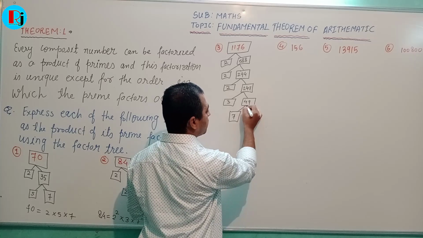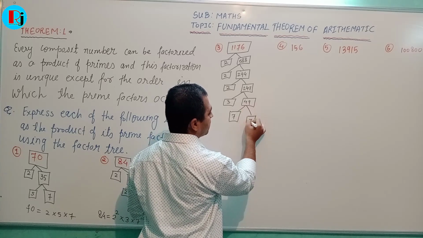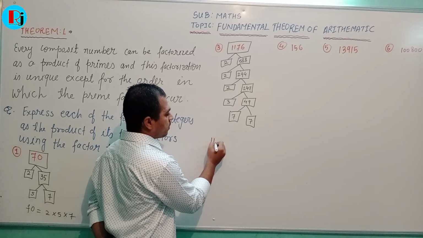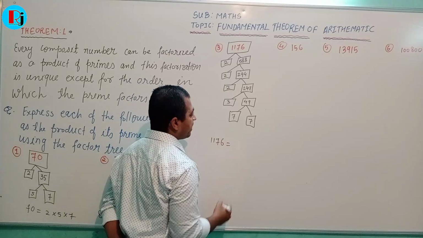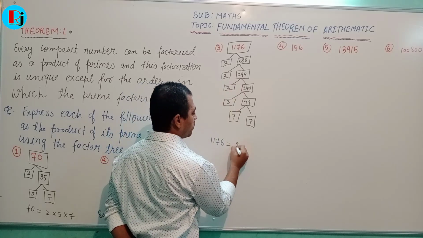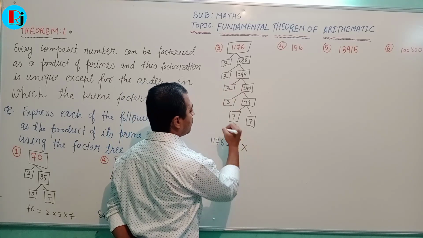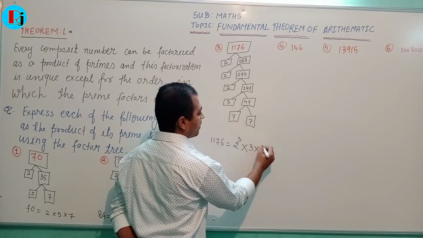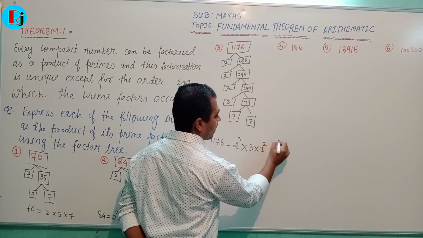Divide by 7, so finally we are getting 7. Okay students, 1176 can be written as 2 to the power 3 and 7 7, so 7 to the power 2.